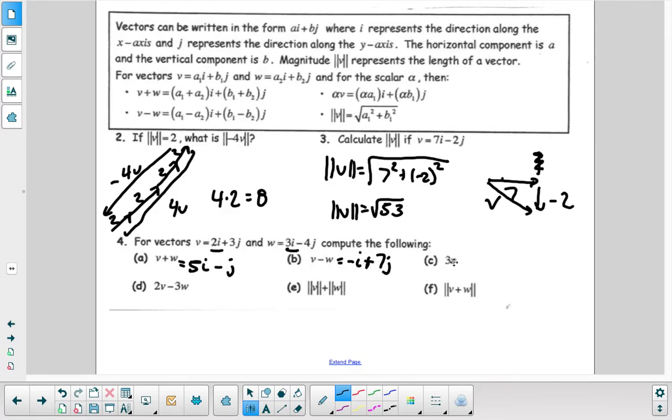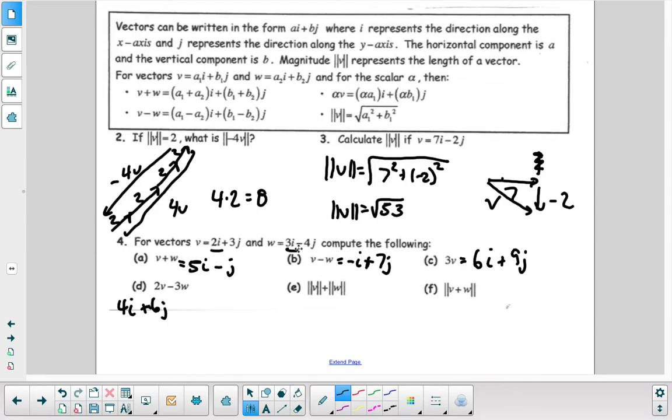They're still vectors. 3v, this is a scalar. It's basically tacking on 3 v's, and you could sit there and do v plus v plus v, or you could just multiply the coefficients by 3. So this is 3 times 2 is 6i, and 3 times 3 is 9, so 9j. 3v is 6i plus 9j. 2v minus 3w, let's figure out what 2v is first, which is 4i plus 6j, and then negative 3, or you could do 3 and subtract.